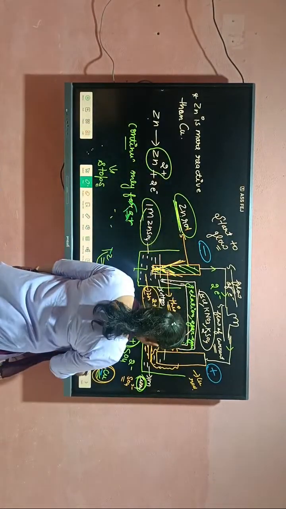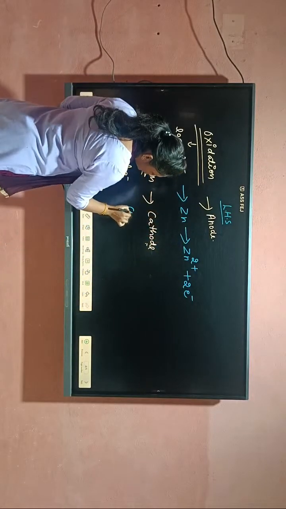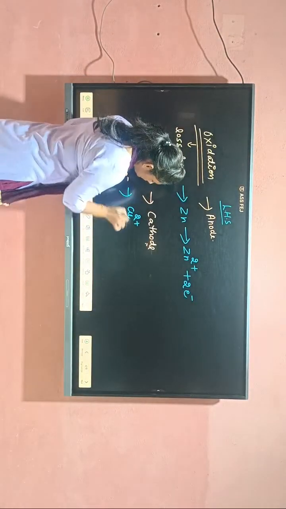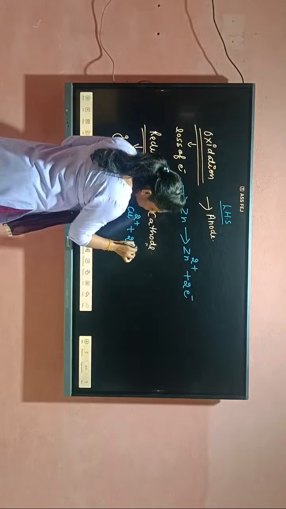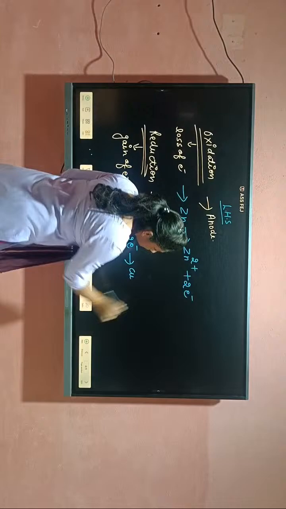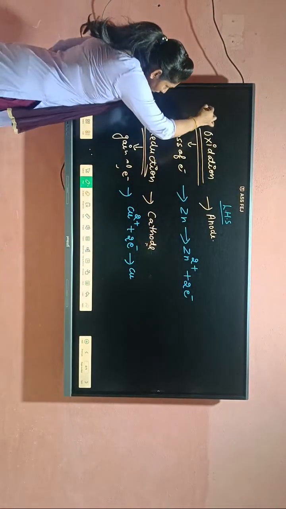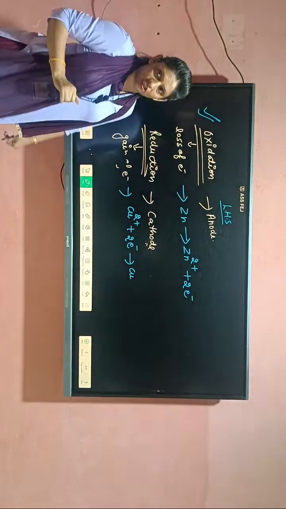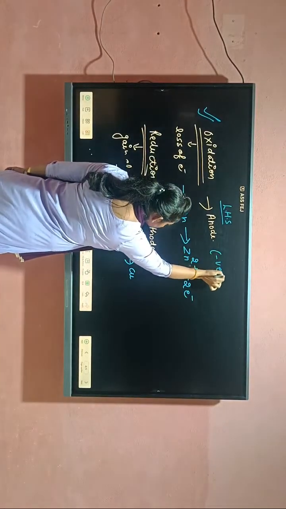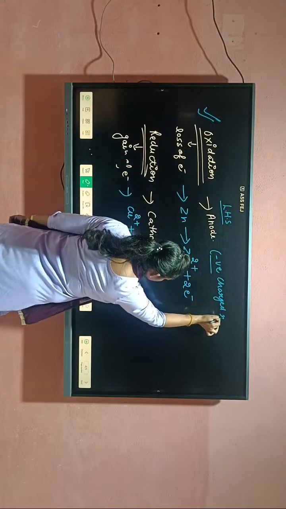Then students, at the cathode, Cu2+ gains 2 electrons and converts into copper metal. Clear or not? Then students, here at the anode, oxidation is taking place, but this one is the negatively charged metal rod.